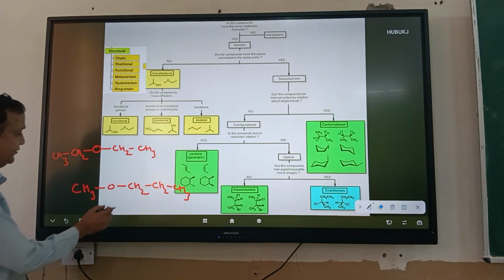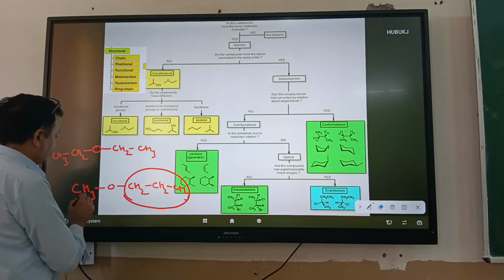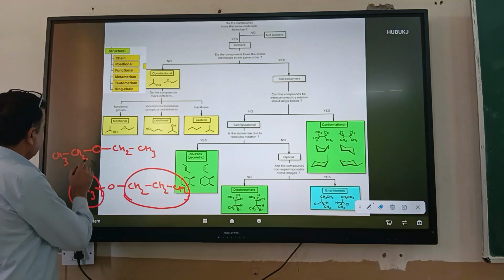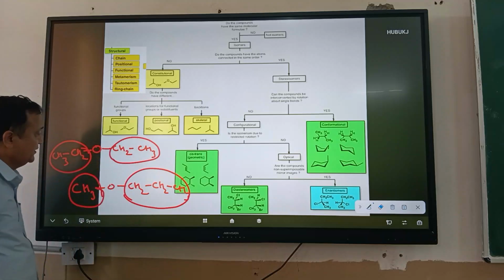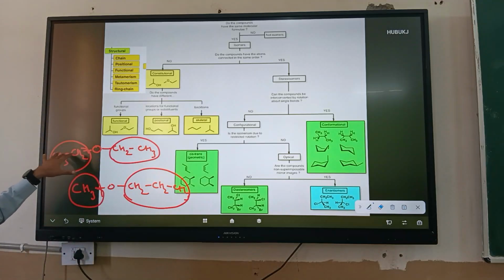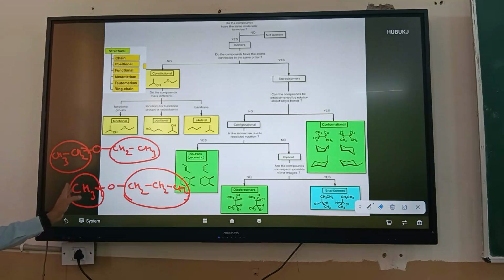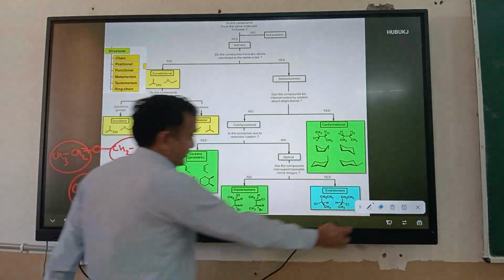So they differ from each other in terms of the alkyl group, the number of carbons. In the first case, two carbons are on both sides. In the second case, one carbon is on one side and three carbons on the other side. So these types of isomers are known as metamers.